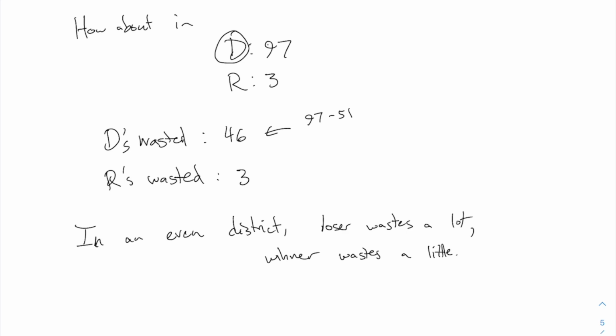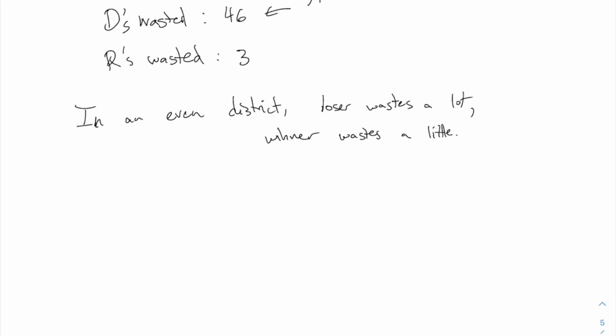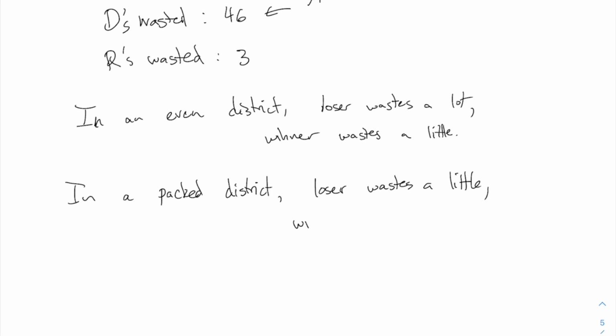But if the district is packed, like this one here, actually the winner wastes a lot and the loser wastes a little. It's the opposite. And by counting up who is wasting more or less, you can tell if the districts have been packed or not. So if it's even, the loser wastes a lot, the winner wastes a little. But in a packed district, it's the opposite. The loser wastes a little, and the winner wastes a lot.